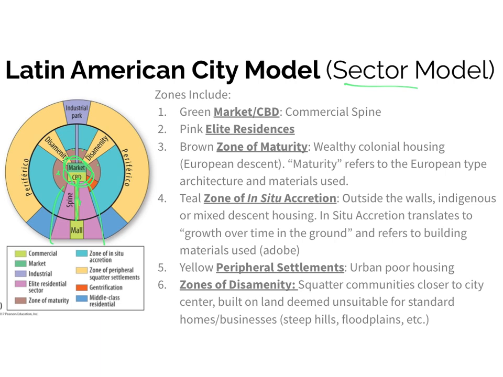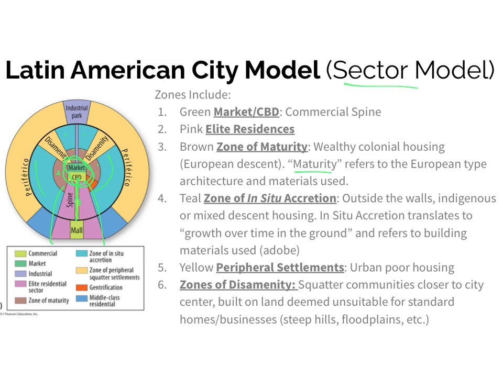So this is wealthy colonial housing, okay, so still not quite up to the elite, but still wealthy colonial housing, probably of European descent. Maturity refers to the European type of architecture and the materials that were used. So it's not like you're mature because you've grown up and you have all this wisdom. Different kind of maturity.